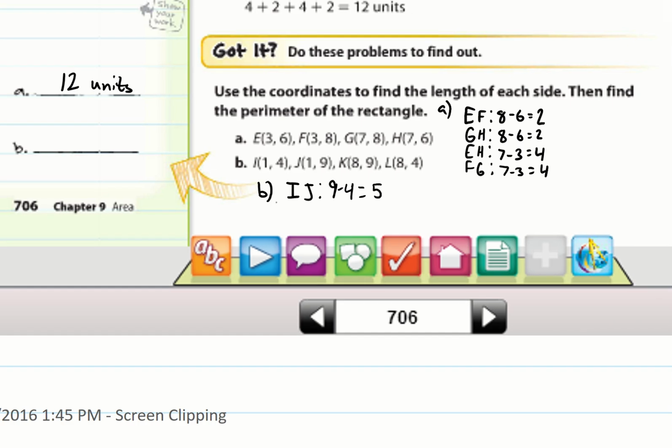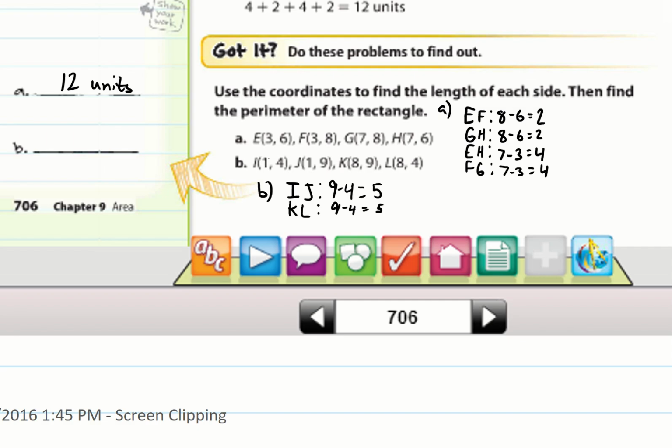Next, I'm going to do KL. For KL, we have (8, 9) and (8, 4). The 8s are the same, so I'm going to subtract my 9 and my 4. So it's going to be 9 minus 4. That equals 5.